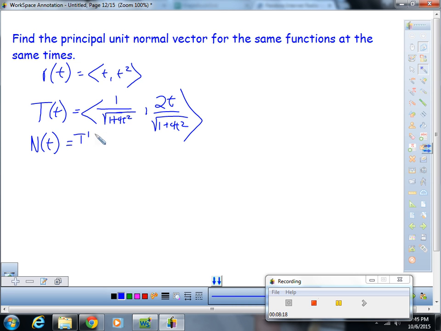That's right. It's the derivative of T of t over the magnitude of the derivative of T of t.